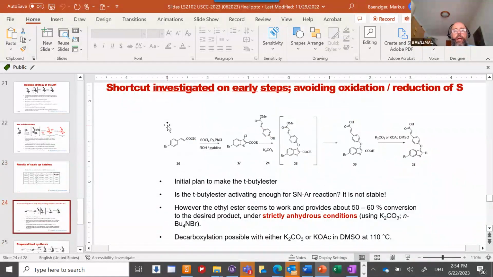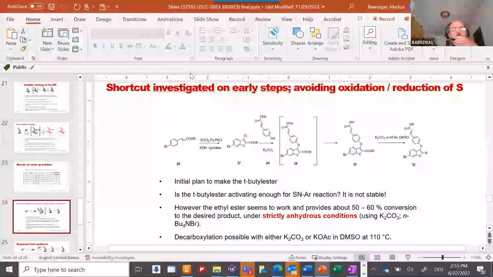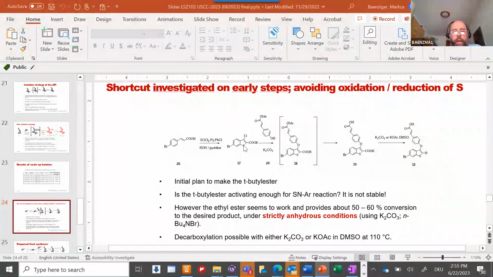We then focused again on the early steps. What we are doing in the early step synthesis was decarboxylation and then activation of the aromatic ring as a sulfoxide for an SNAr, a nucleophilic aromatic substitution. We thought, why not make use of the ester? This is probably not as active as the sulfoxide.